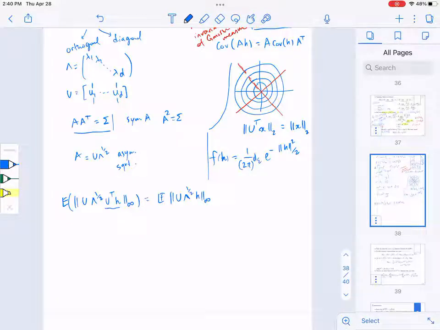But then I can't get rid of this. The reason why I can't get rid of this is because the infinity norm is not rotation invariant. If I could get rid of this, then it would be nice, because this is diagonal.